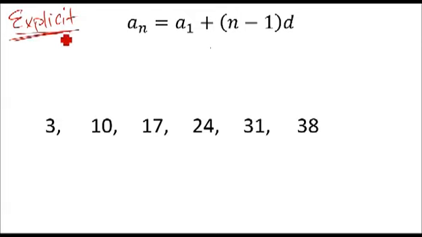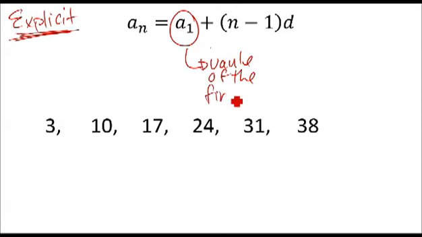One of the things that it makes reference to is a sub 1. This is the value of the first term. It also has d, which we know is the common difference. Every arithmetic sequence will have a common difference.